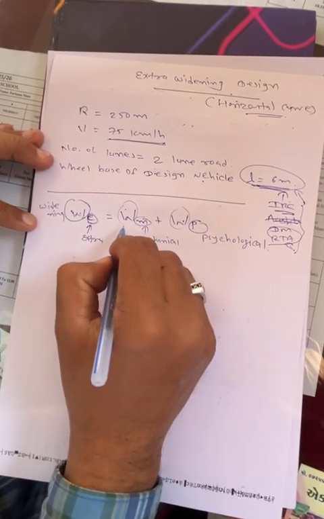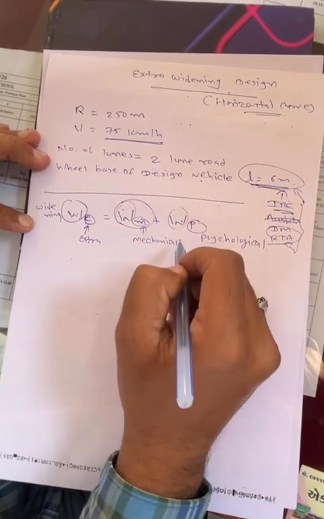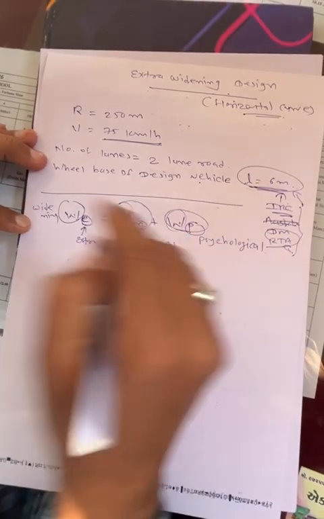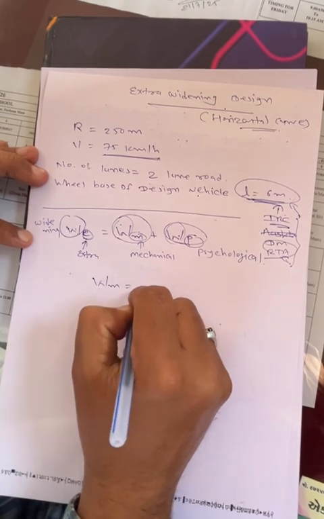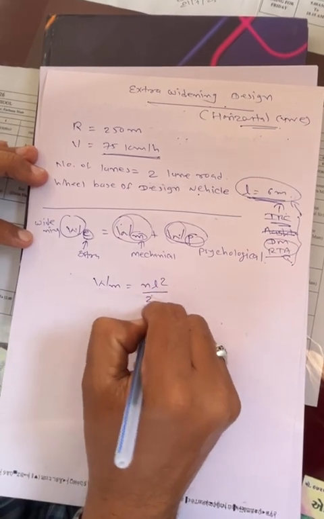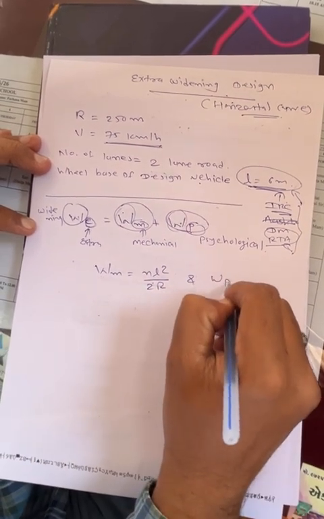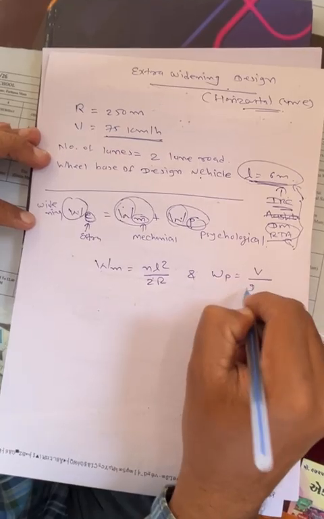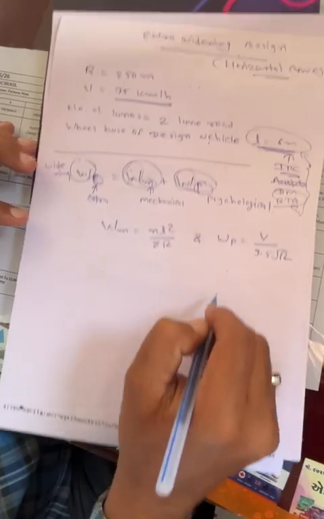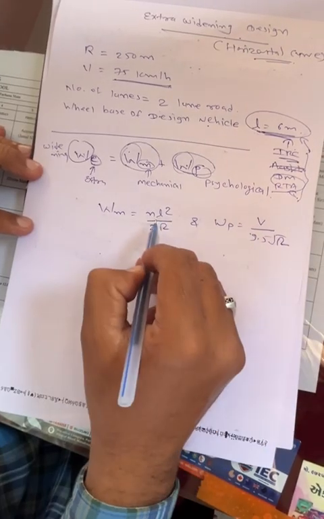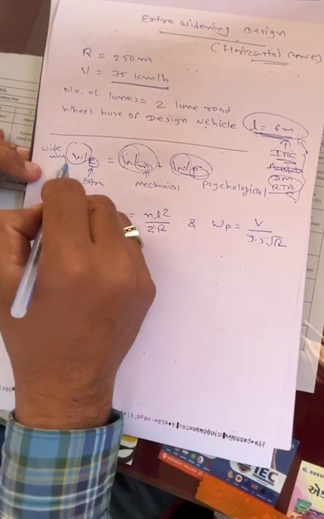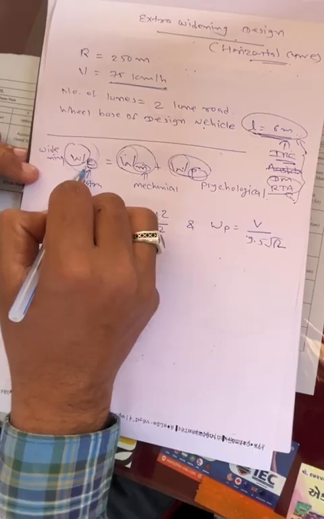Now this mechanical widening and psychological widening have their own formulas. So WM is equal to NL square upon 2R, and WP is equal to V upon 9.5 root R. If you find these two values and sum them, you can find your widening WE.